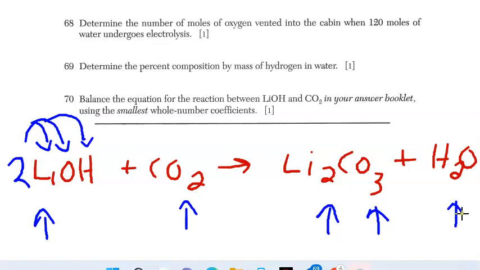Again, I have 2 hydrogens here from lithium hydroxide because of the 2 in front, and I have 2 here from water, balanced. And finally, for carbon, I have 1 and 1. Just by putting the 2 in front of lithium hydroxide, we have now our balanced equation. All right, that ends this cluster of questions. We'll move on to the next cluster.